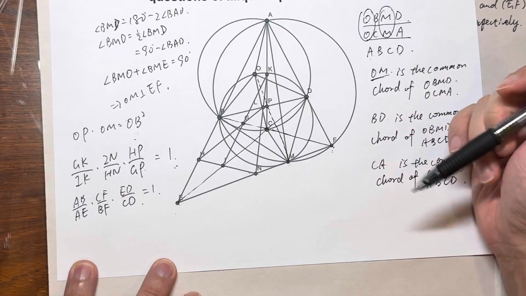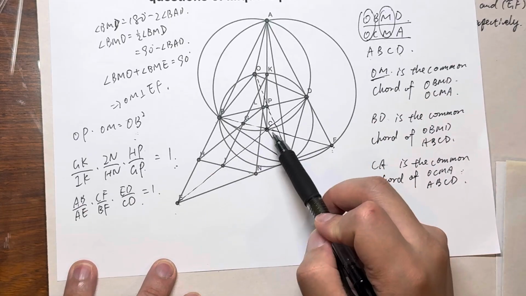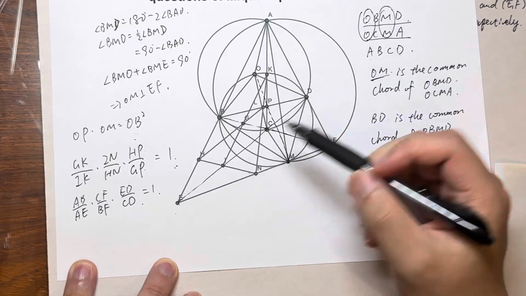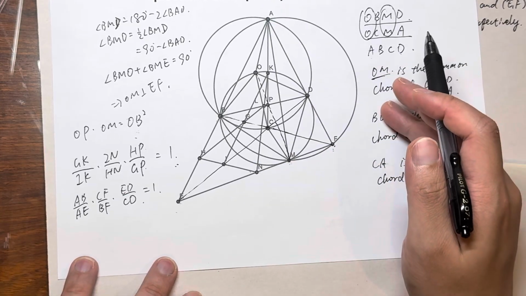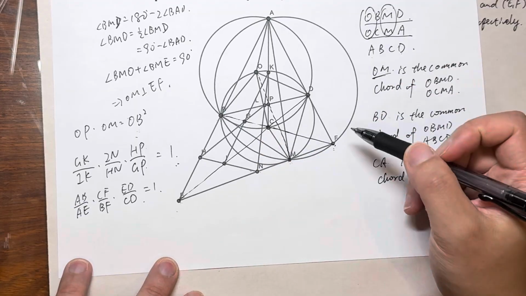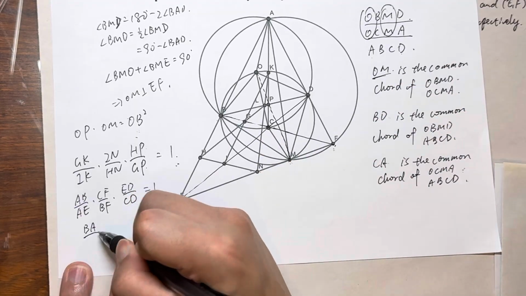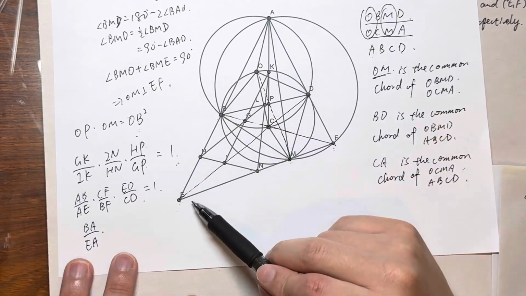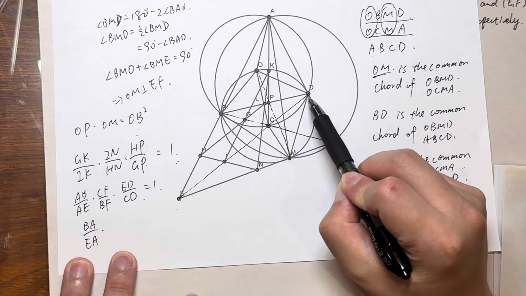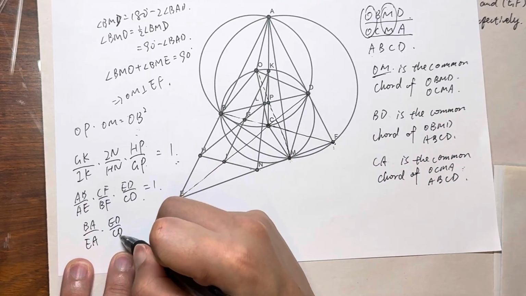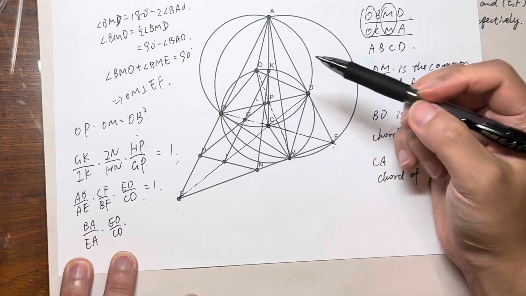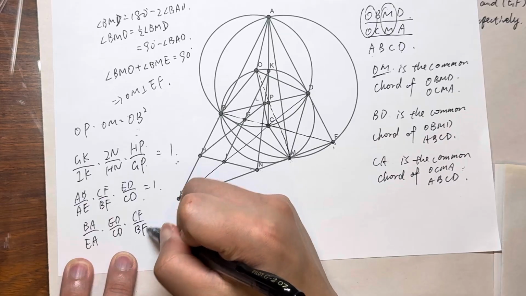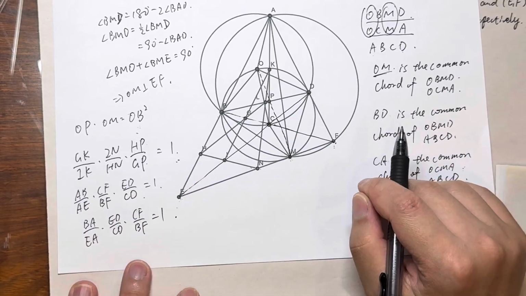So if you look at the triangle EBC and the intersection line ADF, we can write down the theorem, which is BA to EA times ED to CD times CF to BF equals 1.